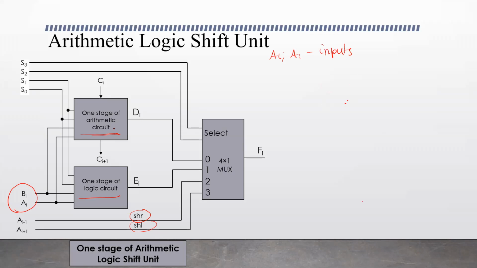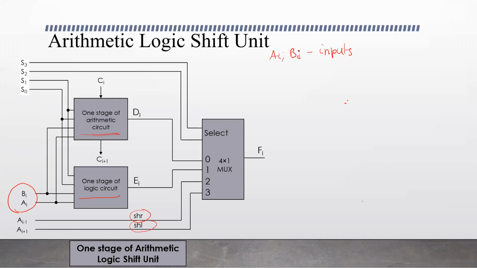Arithmetic and logic micro operations are going to be performed on bits AI and BI. This is one stage of the arithmetic and logic shift unit, for performing operations on this single bit, the ith bit, of two registers A and B, AI and BI.